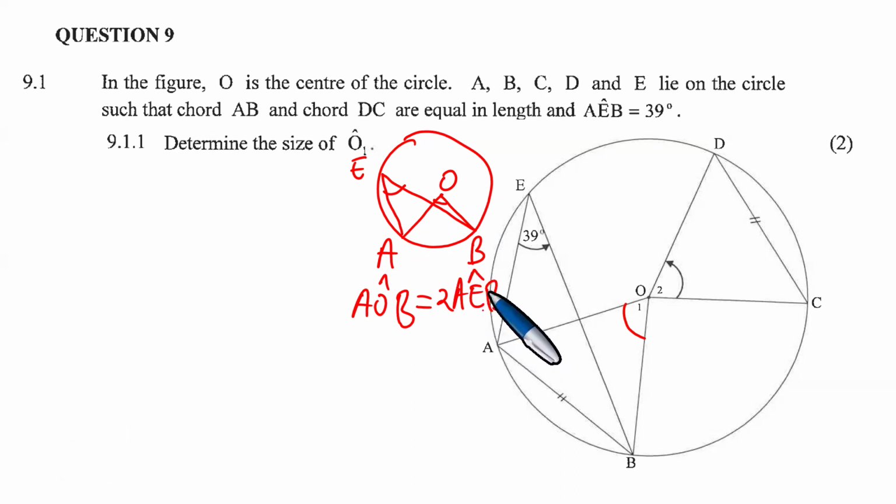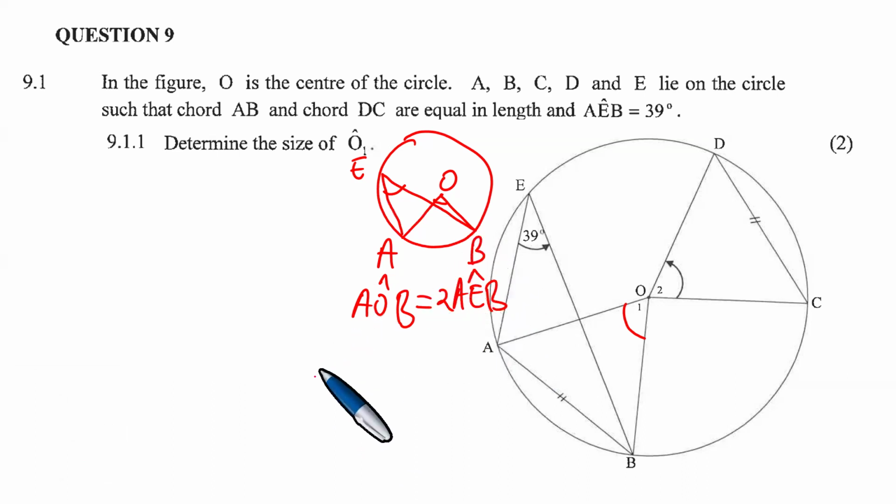So angle AOB equals 2 times angle AEB. We use this theorem to explain that the angle at center equals 2 times the angle at circumference.